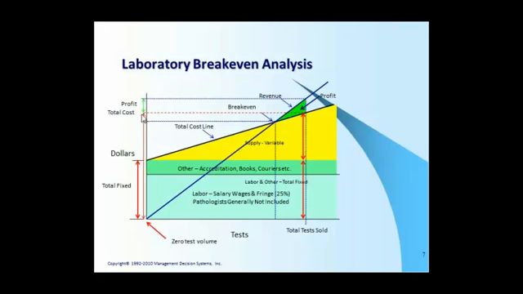And those two combined equal the total cost for this particular test volume. If we move up to this point on the revenue, move over to the left toward the y-axis, we can also determine the level of profit associated with this test volume that was sold.